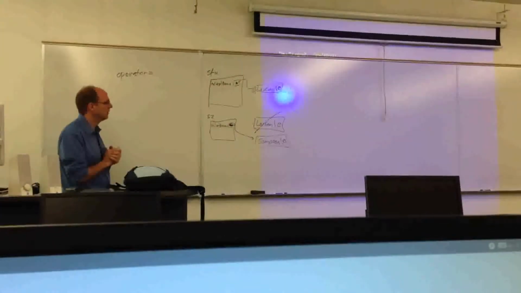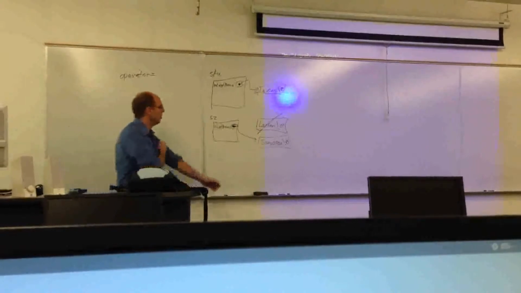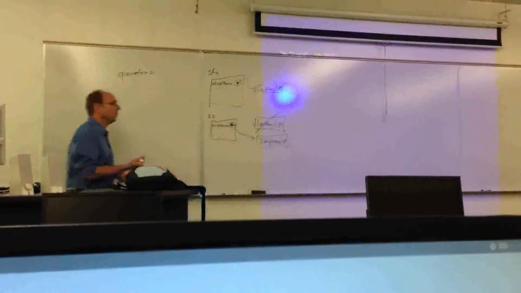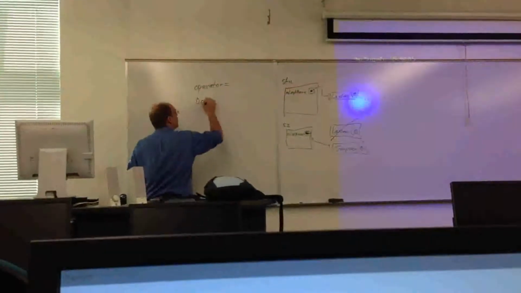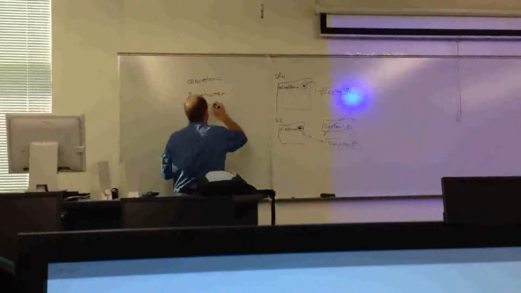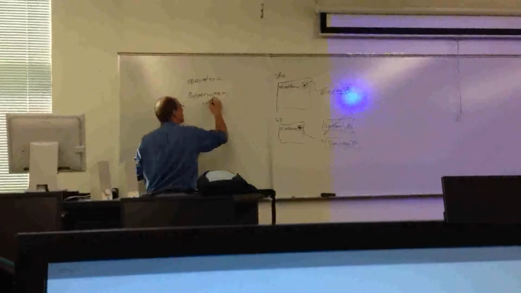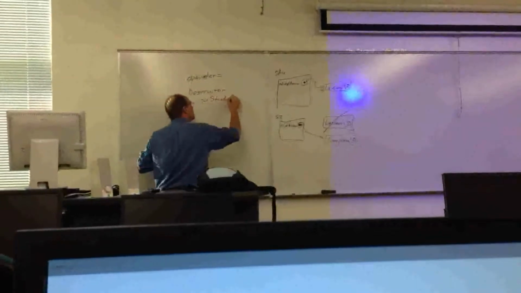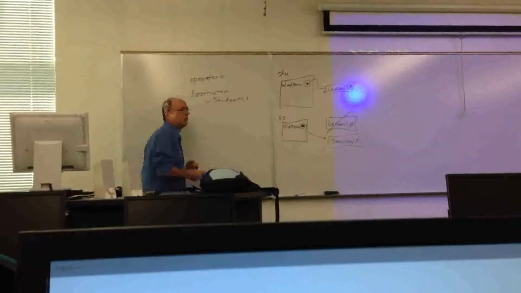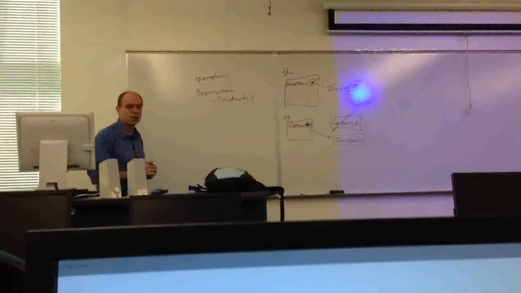Alright. So we're going to have to make an assignment operator. We're also going to have to make a destructor. A destructor is the reverse of a constructor. It destroys an object.